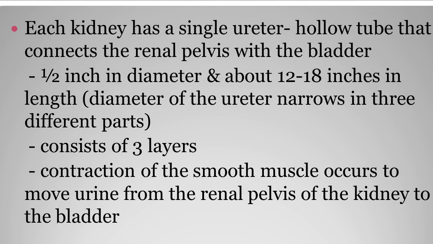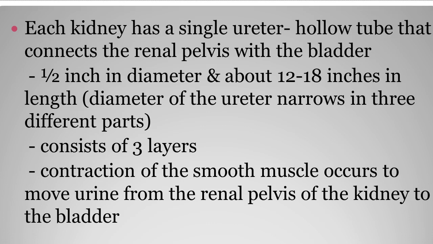Each kidney has a single ureter, a hollow tube that connects the renal pelvis with the bladder. And you can see that this is a tube-like structure that changes diameter because it narrows in 3 different parts. It consists of 3 layers, and contraction of the smooth muscle occurs to move urine from the renal pelvis of the kidney down to the bladder.